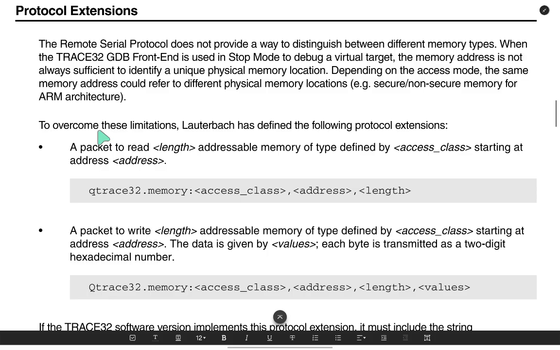To overcome these limitations, Lauterbach has defined the following protocol extension. A packet to read length addressable memory of type defined by access class starting at address: qTRACE32.memory:access_class,address,length.